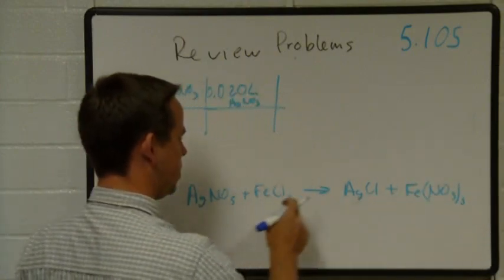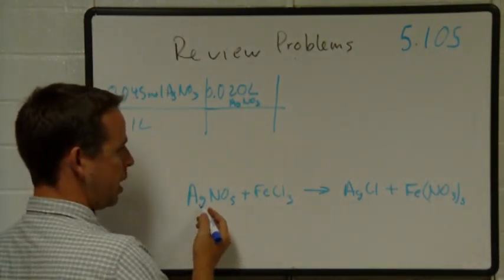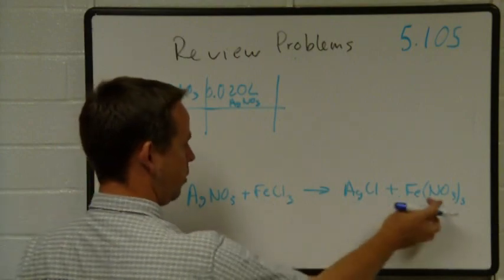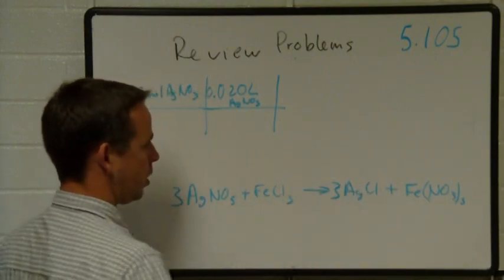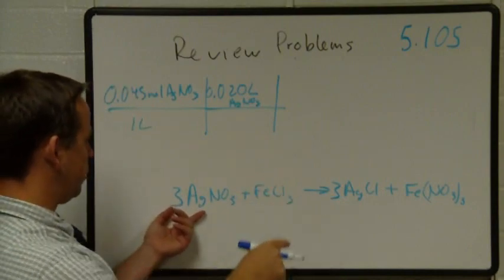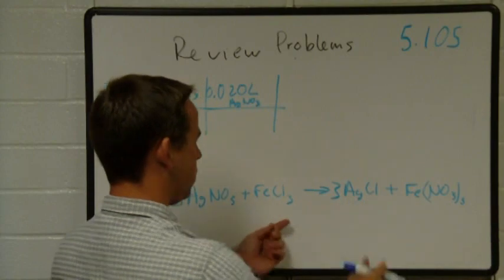Okay, 3 nitrates because this is iron 3 chloride here. So we have to balance this. We have 3 nitrates, so 3 here, and we're going to get 3 of those. So we have 3 silvers, 3 nitrates, 3 nitrates, 1 iron, 3 chloride, 3 chlorides.